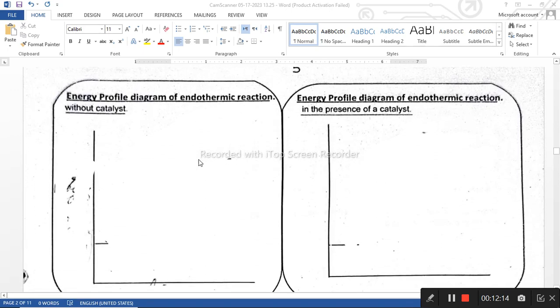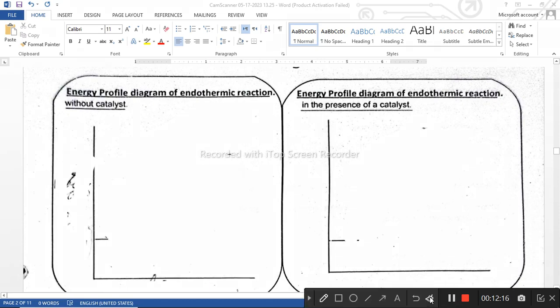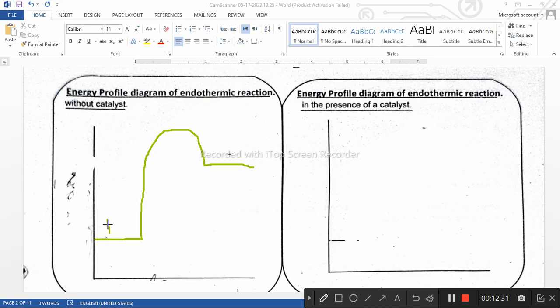Okay, so let's draw the energy profile diagram. Here we have reactants, and here we have products. From here to here is the activation energy.